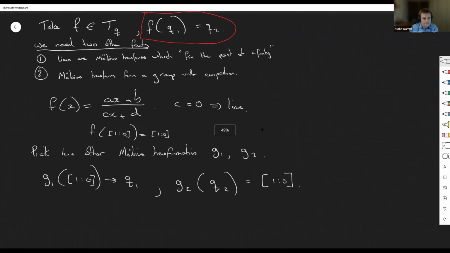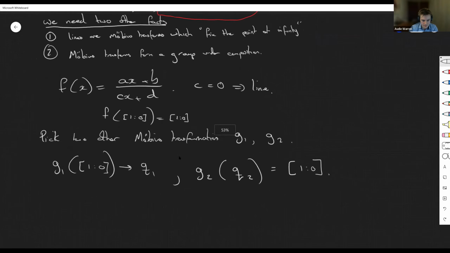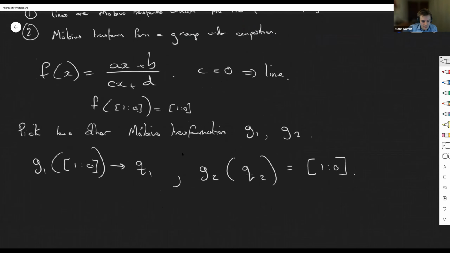Okay, now the composition. If I were to write this down in an understandable way, in the middle here we're going to have an application of f. So if we think of this as our function, f sends Q1 over to Q2.